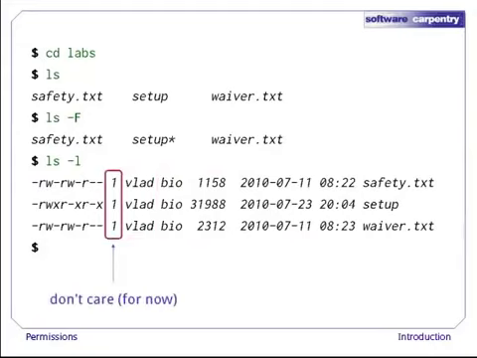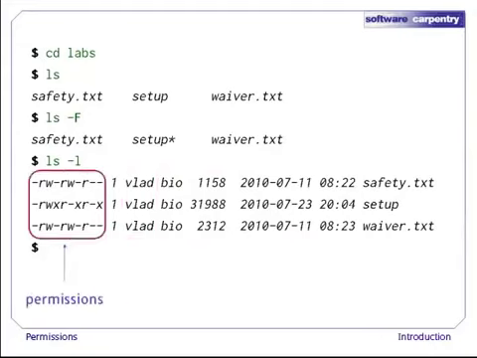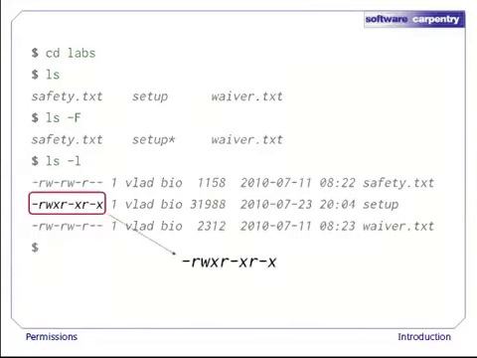We'll skip over the second column for now, because it's the column on the left that we care about most. This shows the file's permissions, i.e. who can read, write, or execute it. Let's expand one of those permission strings and have a closer look. The first character tells us what type of thing this is.